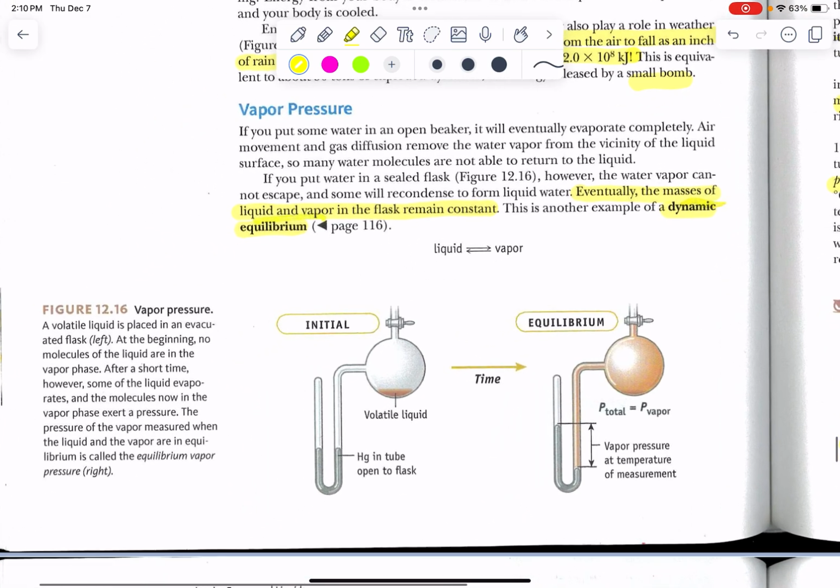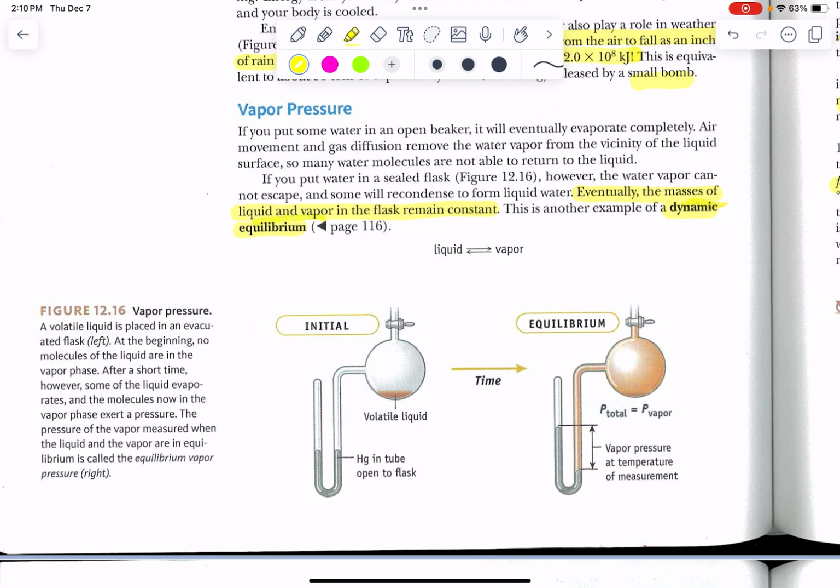All right, let's talk about vapor pressure. If I have a container over here, let me draw it, and in that container we have some liquid. Some of the molecules on the surface of this liquid are going to be able to escape into the vapor state, and the other molecules that make up the liquid will not have enough energy to escape.